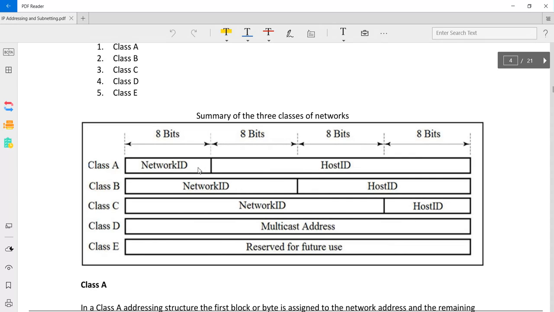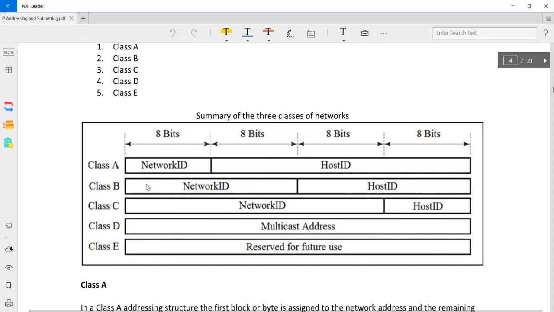That means if you have multiple machines with the same network ID, they are in the same network. And if they have different hosts, that doesn't matter. Host ID can be any, but the network ID is a must.